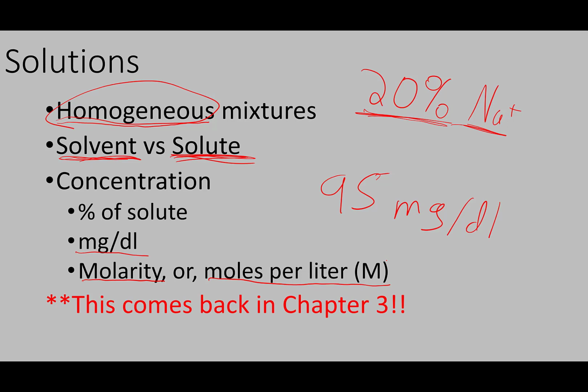That's more of a chemistry concept. We won't really talk about it much in biology. But if you take a chemistry class, you use this all the time. Now, we will talk about solutions and concentration again in Chapter 3, and we will also talk about it in Bio 139. So make sure you understand what a solution is. Make sure you understand solvent and solute. And make sure you understand the concentration, especially the percent concentration.